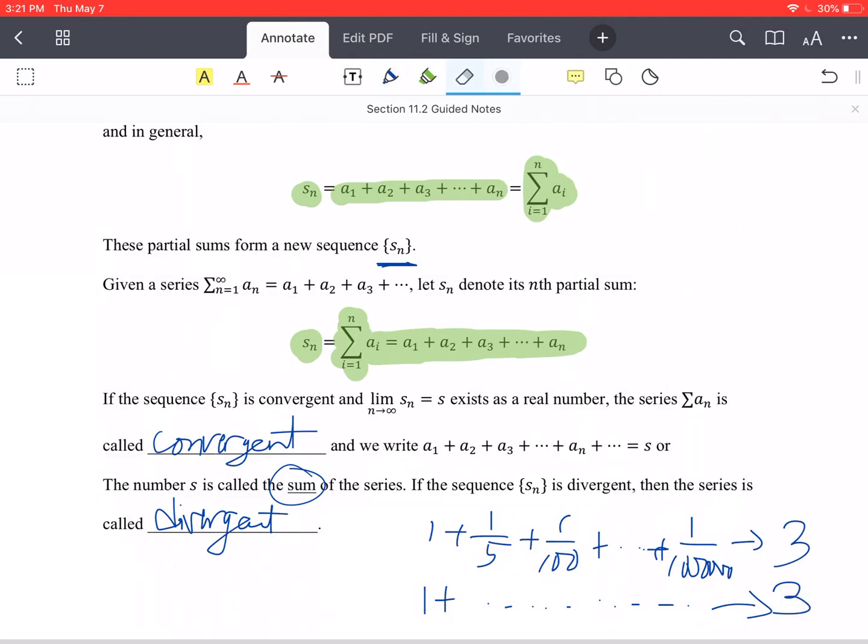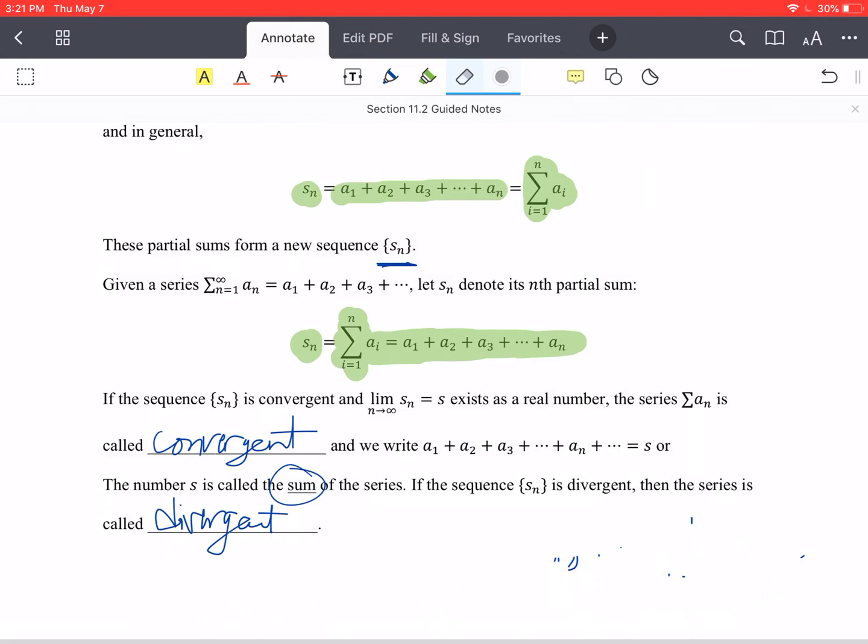So as the partial sums approach a finite value, the series approaches that value. And if the partial sums just grow infinitely large, then that means the series grows infinitely large as well.